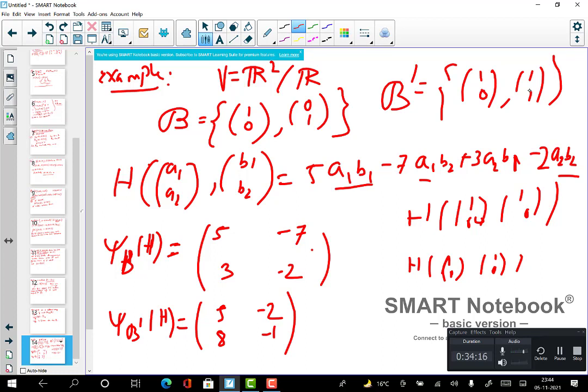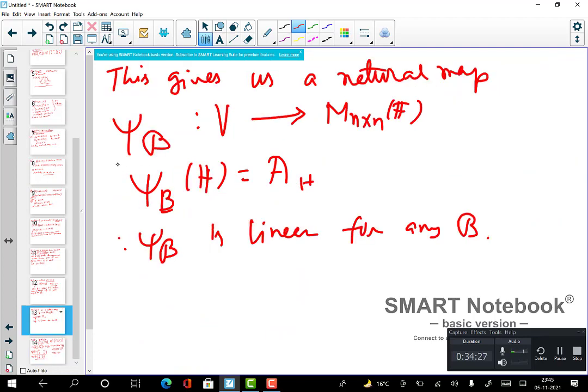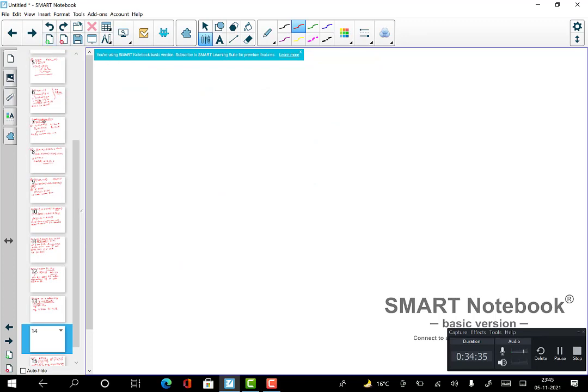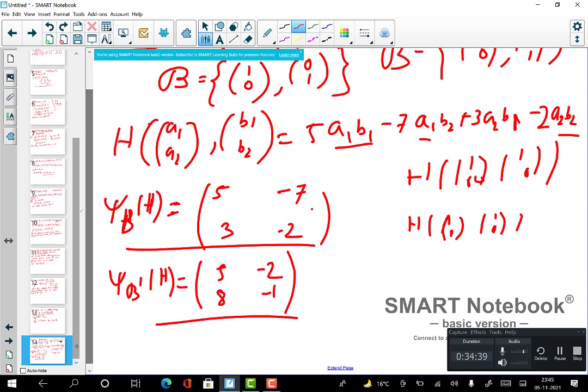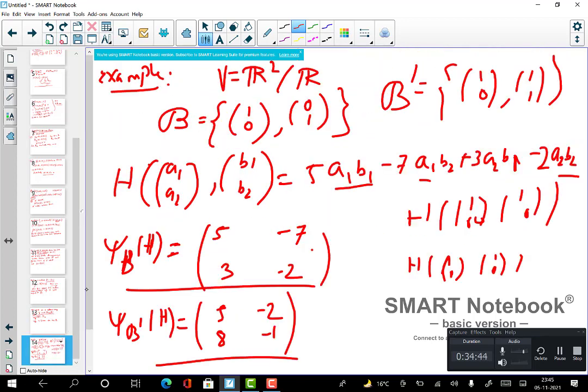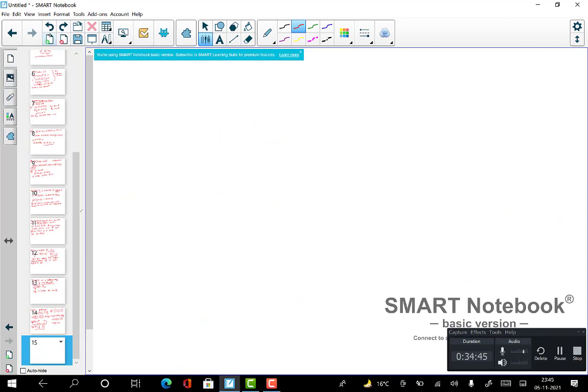Now, what is the relationship between these two matrices with respect to the bases? That will come later. But before that, we want to prove one more important theorem, that this map psi b is actually an isomorphism. This is our claim, for psi b on a finite dimensional vector space. So this is a theorem.